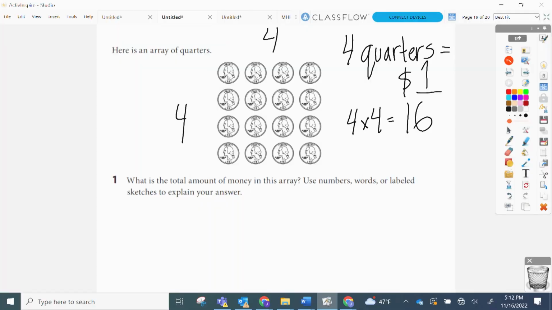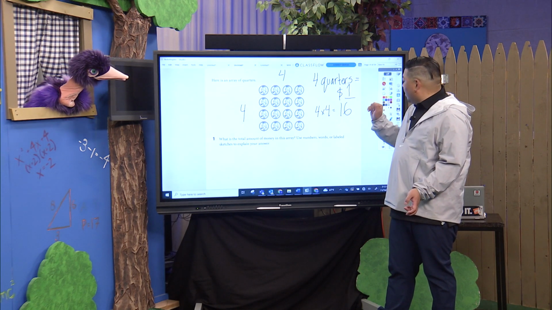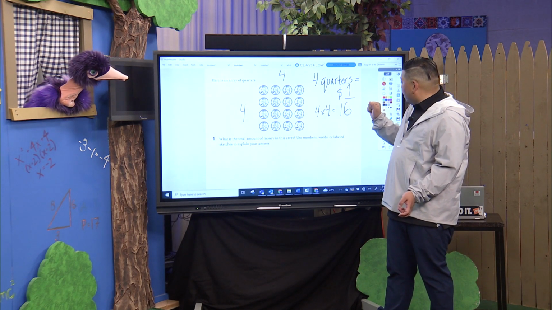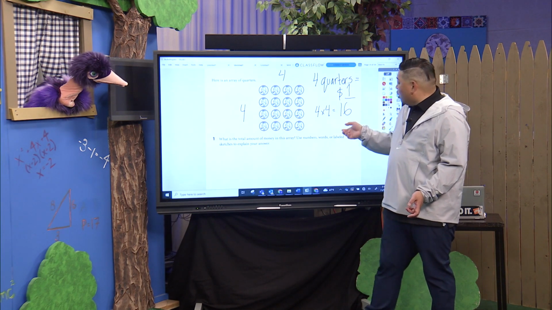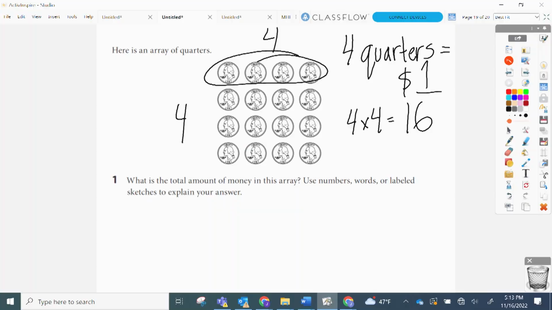And we know that 4 quarters equal $1. So every time we have 4 quarters, we have $1. One way we could solve this is 16 times 25 cents, or we know that each group is $1.